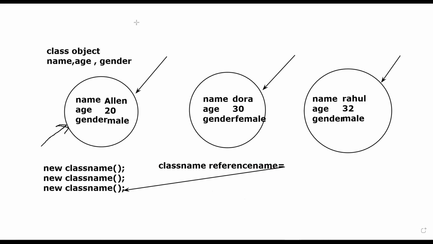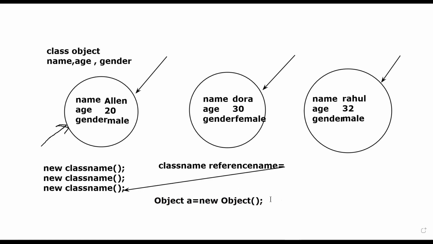Let me write it in complete line here. If I convert it with the class name as object, it is object, name of the reference, it can be anything. Let's say I'm writing A, assign new object. So in this command, new object, that is my class name.